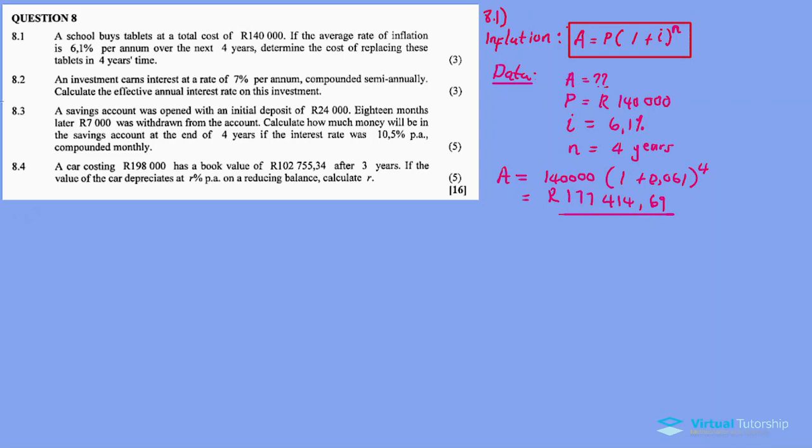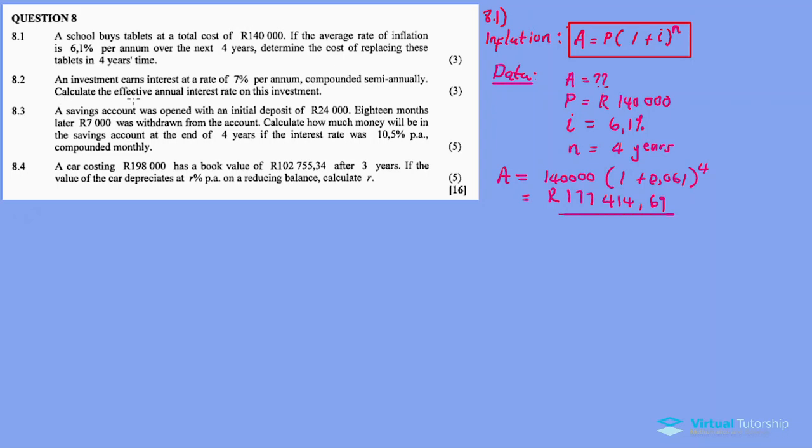Now 8.2, an investment earns interest at a rate of 7% per annum compounded semi-annually. So this 7% per annum compounded semi-annually is what we call a nominal interest rate, right? It's interest compounded over a certain period, and then they ask us to calculate the effective annual interest rate of this investment.